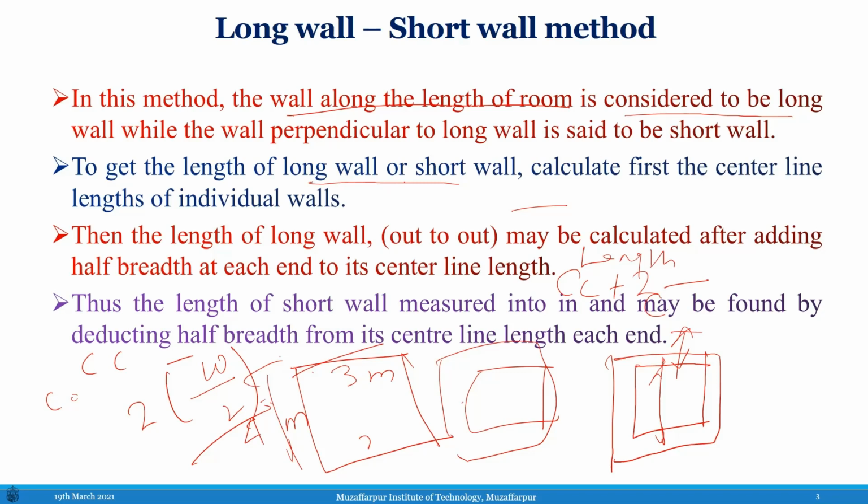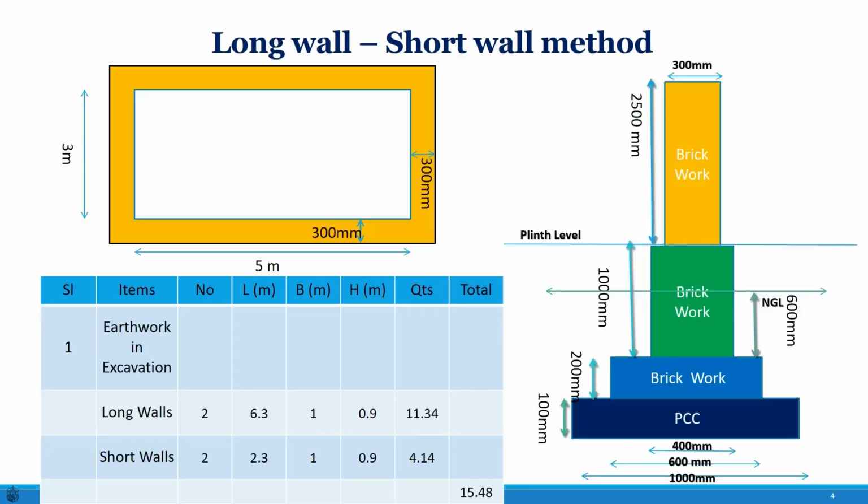So let's work out some examples for the long wall short wall method calculation. I have taken an example of one room, a one floor building.